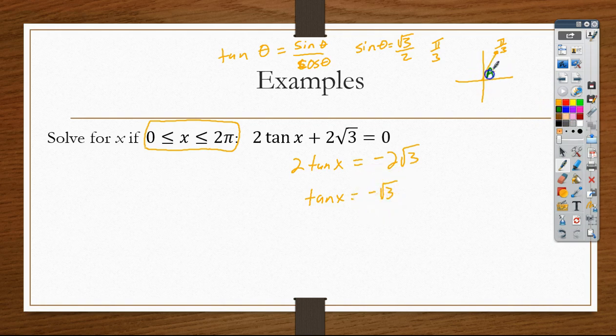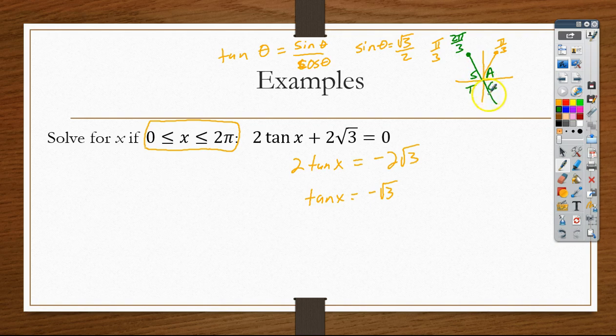So I do all students take calculus. Again, where is it negative? Everything's positive here, so I don't care about that. Every tangent's positive here, so I don't care about that. It's at these. So, where's this going to be at? That's at 2 pi over 3.